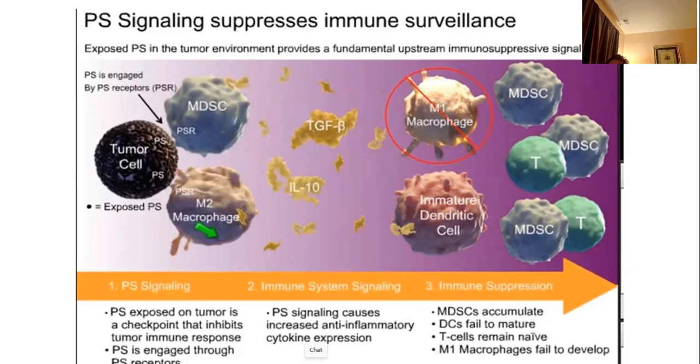They will polarize from those naive macrophages into M1, and they will secrete interferon gamma, interleukin 12, and polarize the TH naive into TH1, and the TH1 starts secreting all those chemicals that will stimulate and activate the CD8 cytotoxic T cells and kill the cancer. So this is what's happening in the tumor to evade the immune system, by the PS signaling that needs to be inhibited, right?